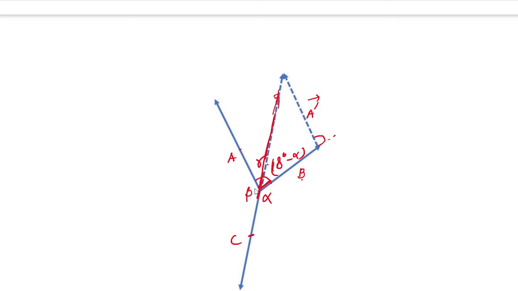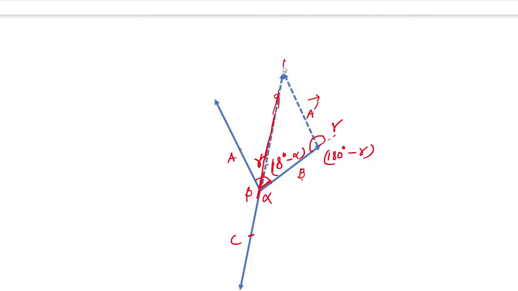This angle will be beta. This angle will be gamma. So the internal angle will be 180 degrees minus gamma.